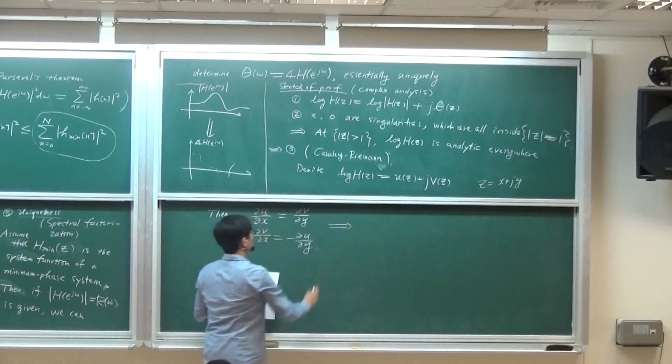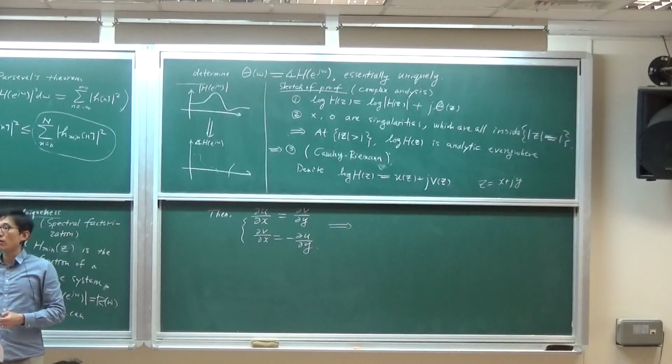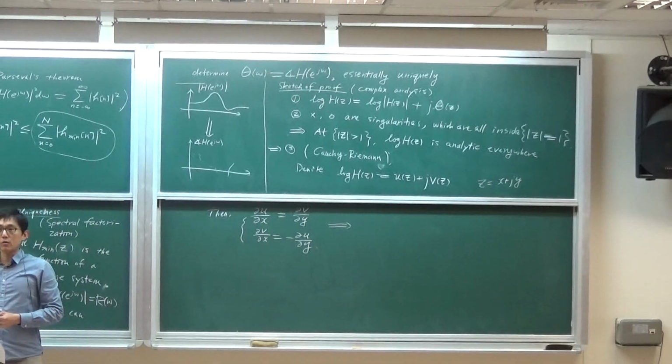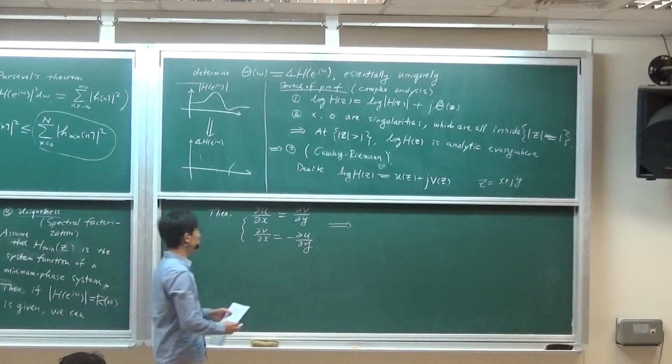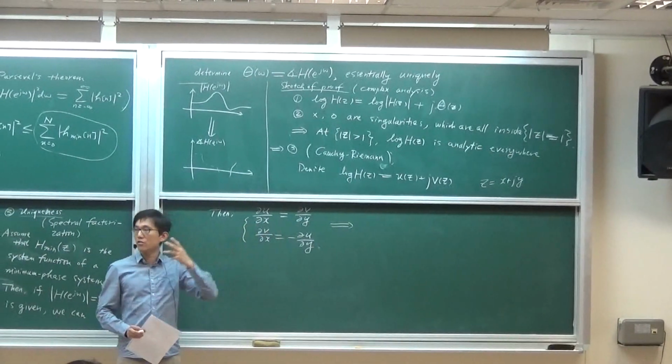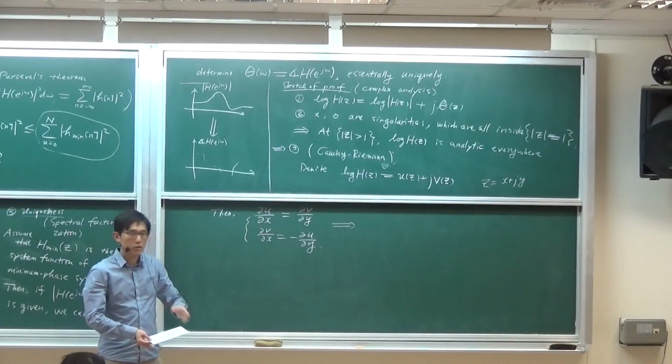Further, because of this analyticity, we know that you can determine the imaginary part given the real part. In complex math, they are called conjugate functions, not complex conjugate functions, which is kind of confusing.